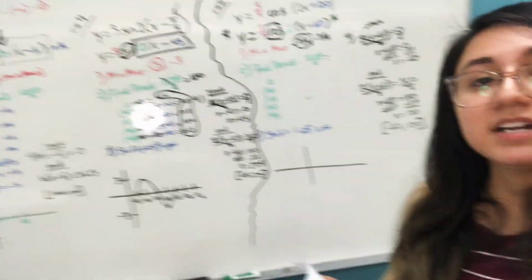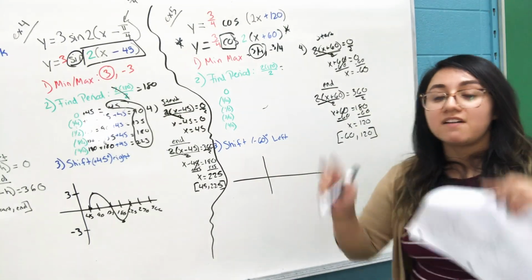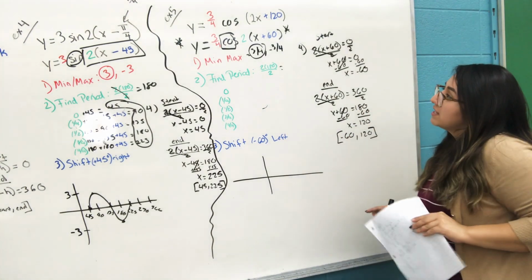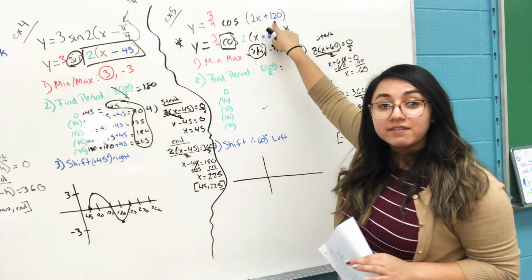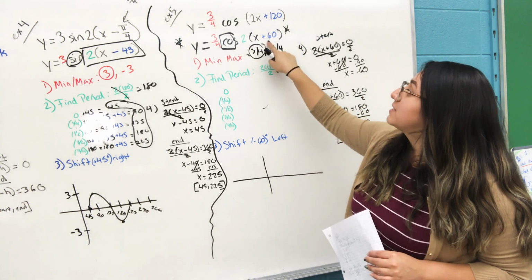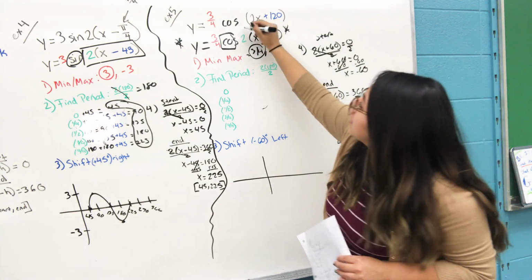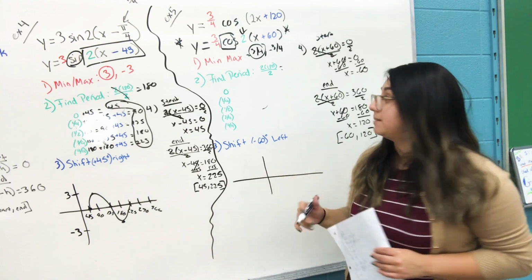In this case over here, we don't have that. So we have to find a way, meaning we factor the greatest common factor. According to 2x and 120, they have a common factor of 2. I factor out the 2, I get x plus 60. So keep in mind, you need a b, you need a number in front of there. So that means factor out a number so you can have that.